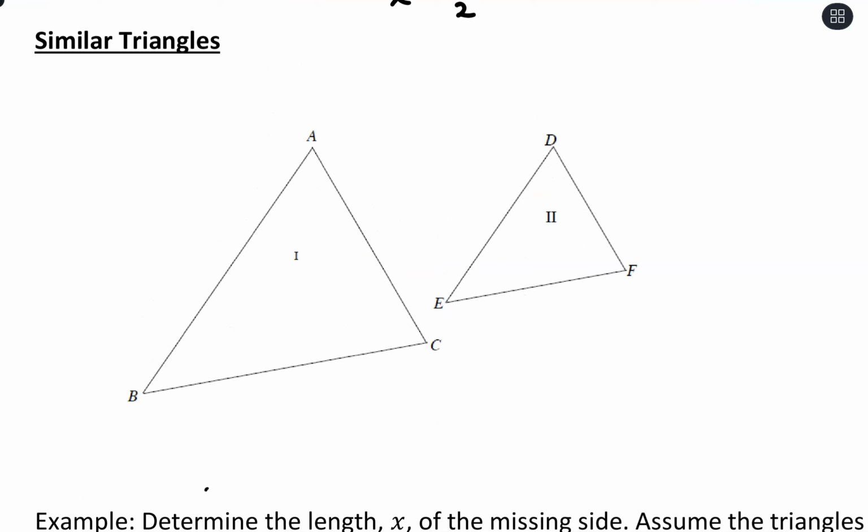What makes similar triangles is if we compare the angles with each other, they have matching angle measurements that line up with each other. So with this one, angle B is the same measurement as angle E. Angle A is the same measurement as angle D, and angle C is the same measurement as angle F. So we would say this triangle ABC is similar to triangle DEF.